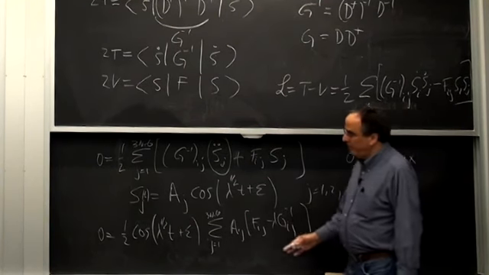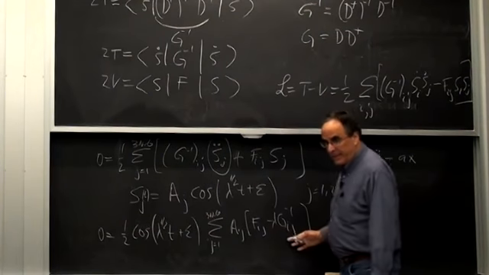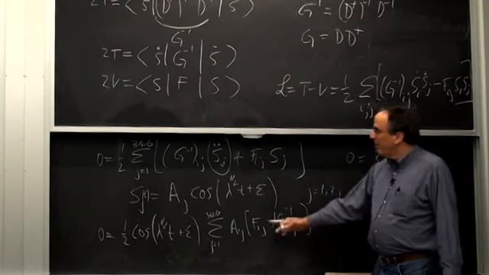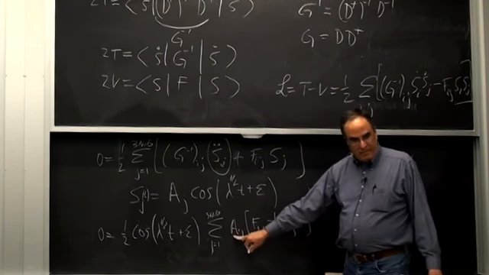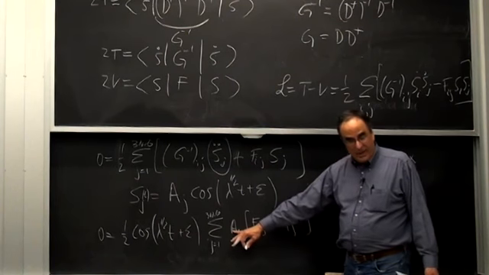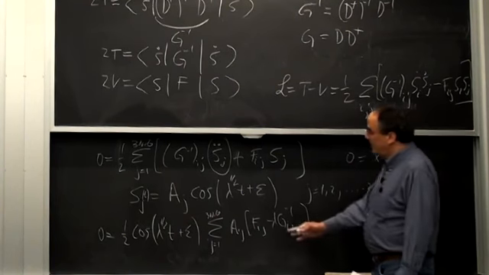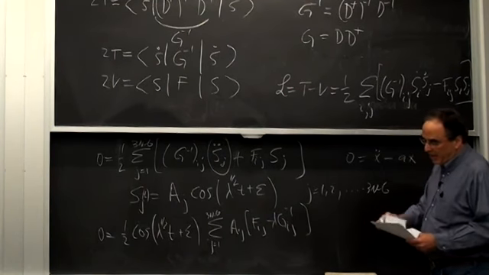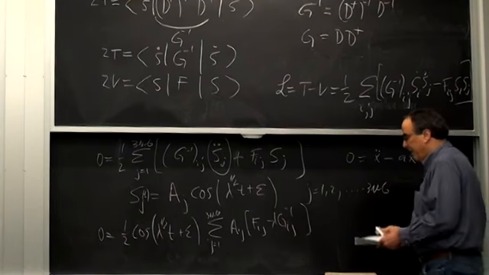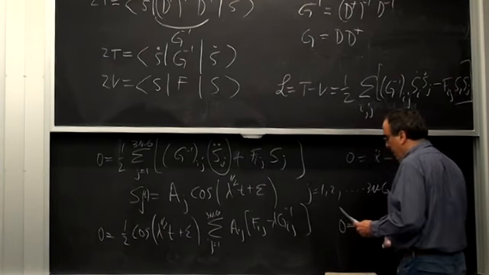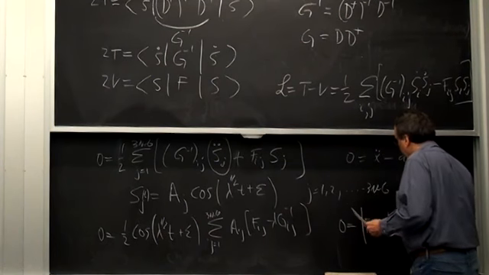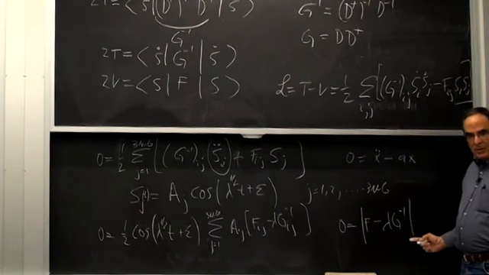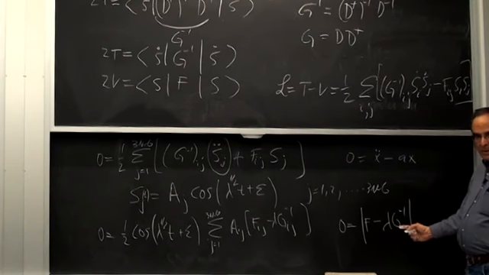So here we have a set of 3n minus 6 linear homogeneous equations. And in order for there to be a non-trivial set of A's, we have to solve a secular equation. The determinant of the coefficients has to be equal to 0. So that says that this must be true: the determinant of F minus lambda g minus 1 is equal to 0. This bar means determinant. Okay, and so this is the secular equation.